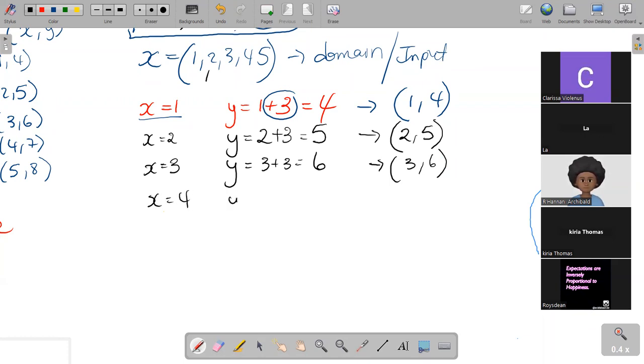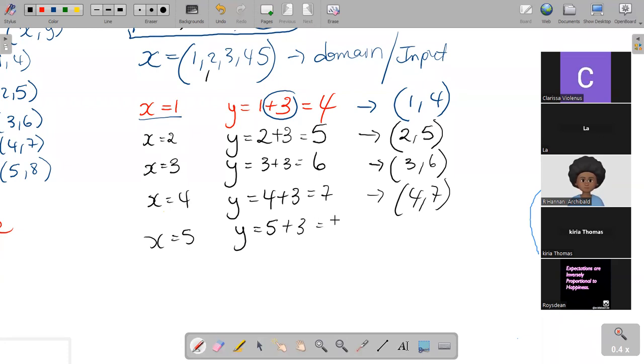What's your answer? Y is equal to 4 plus 3, which is 7. So our ordered pair is 4, 7. Next one, X is equal to 5. That's the last one. How do we get our Y? We plug in the values. 5 plus 3 equals 8. So our ordered pair is 5, 8.